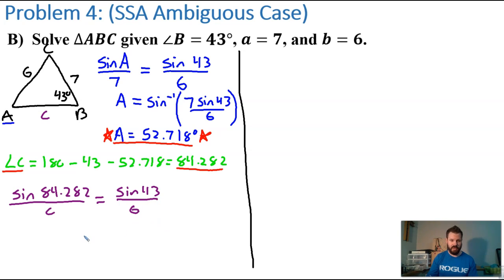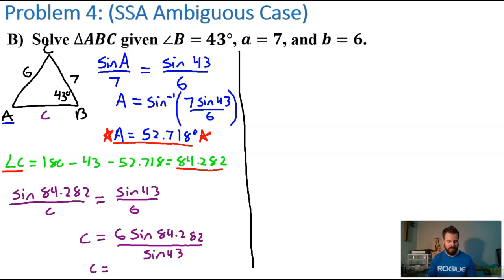Cross multiply divide is going to leave me with c is equal to 6 sine 84.282 over sine of 43. When I plug that in, I get 8.754, we could say.